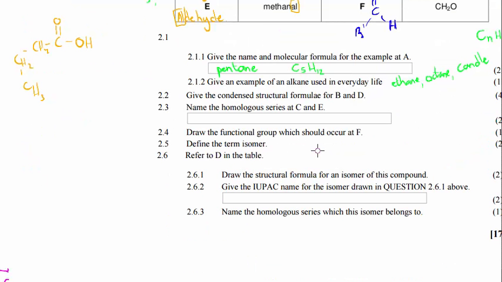Define the term isomer. What's an isomer? Things belonging to the same. Has everyone got this right? The same what? I think the same group, the same molecular formula.